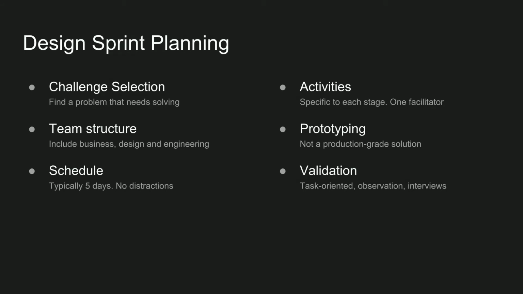Again, now how do you start to think about the different phases and the different things that you have to do? Well, the first thing is selecting a challenge. So to your question back there, not every problem is good for a design sprint, right? It could be a very trivial problem, in which case, yes, it's just analytical thinking that you use to actually solve that problem.